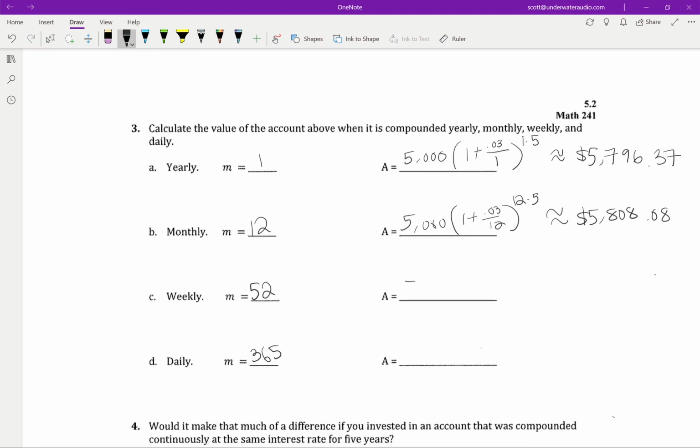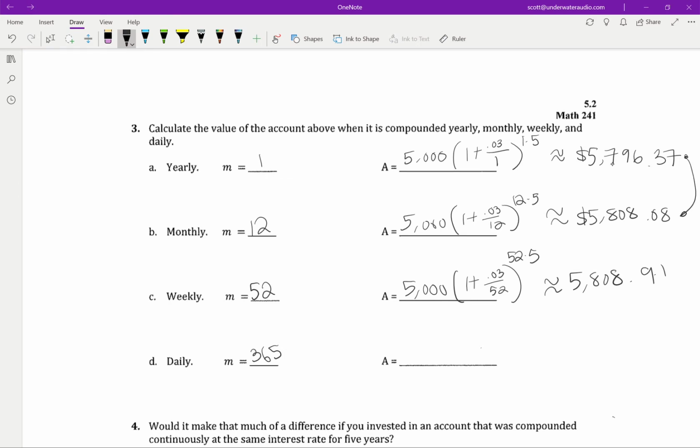Part C, 5,000 times 1 plus 0.03 over 52, and then 52 times 5. Okay, putting that into a calculator gets me 5,808.91.